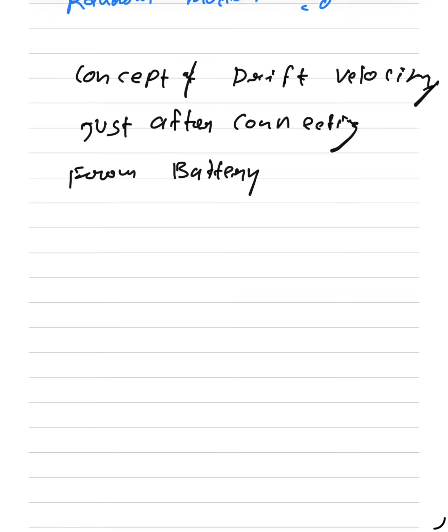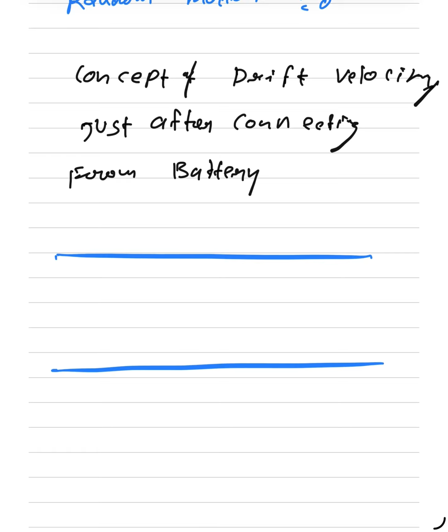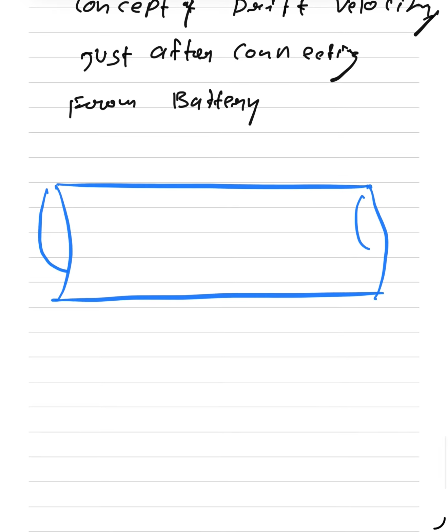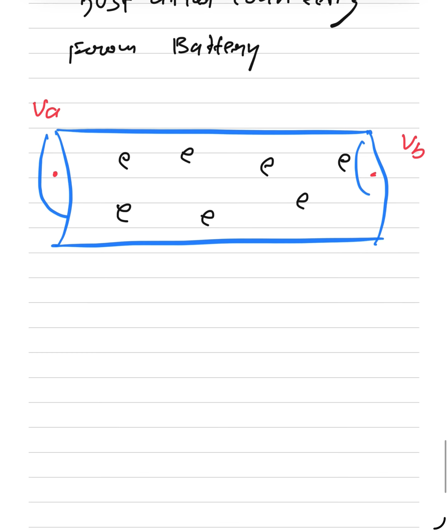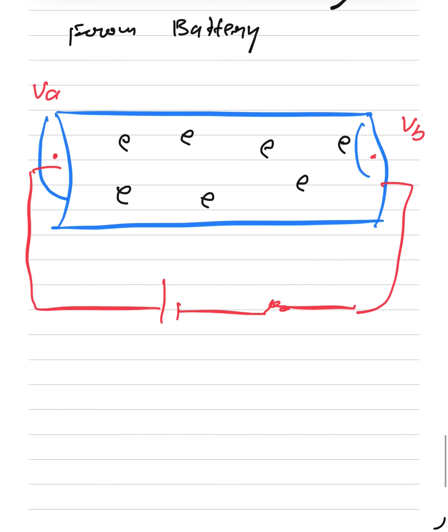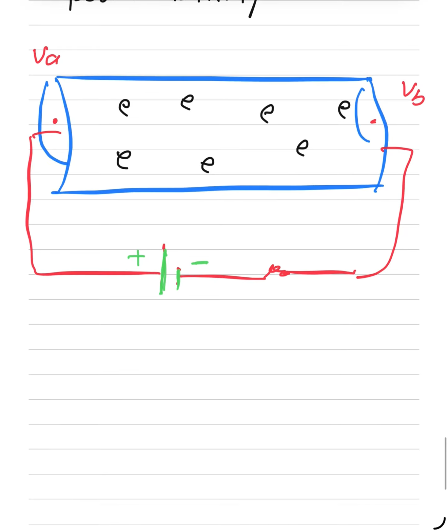What is the effect of the battery on the conductor? The battery maintains a potential difference across both ends of the conductor. Suppose these are free electrons, and the potential at point A is VA and the potential at point B is VB. Then the battery is connected like this with a switch, and this is the higher potential, with the positive symbol, and this is the lower potential, with the negative symbol.